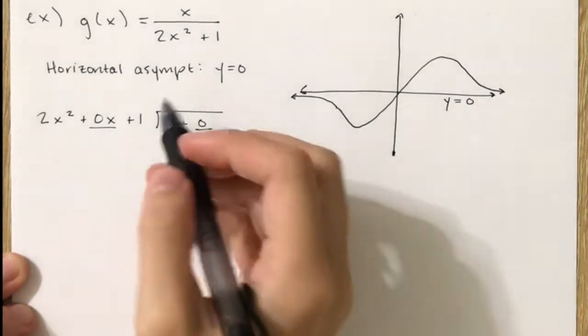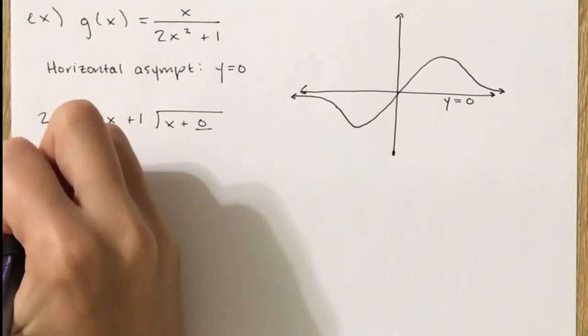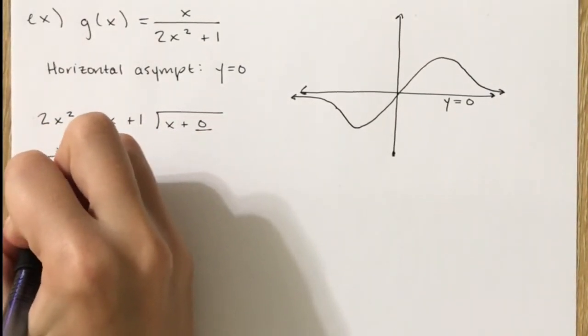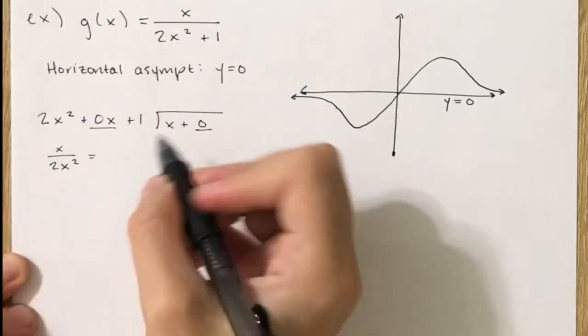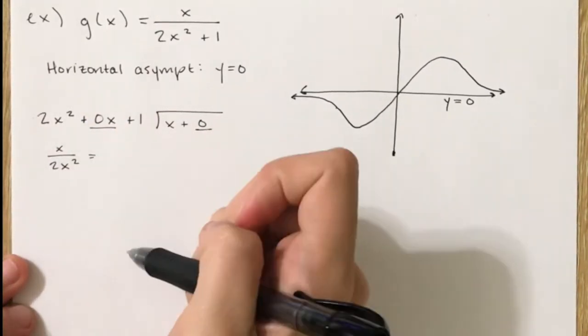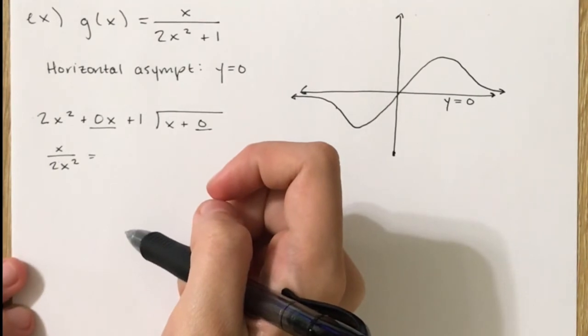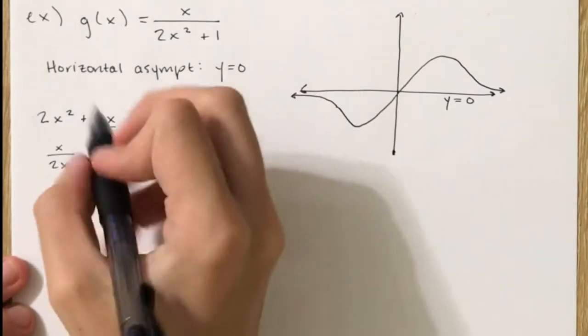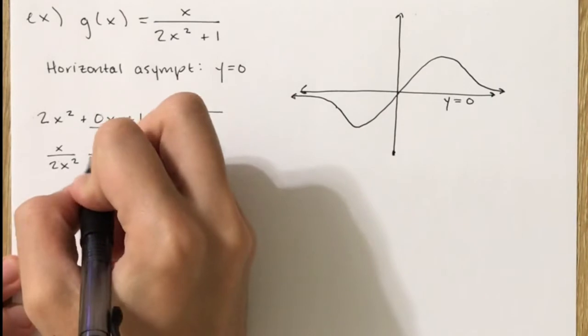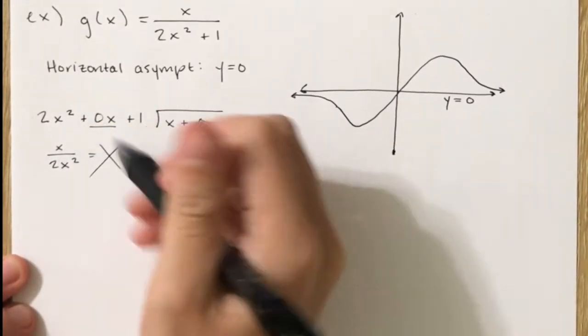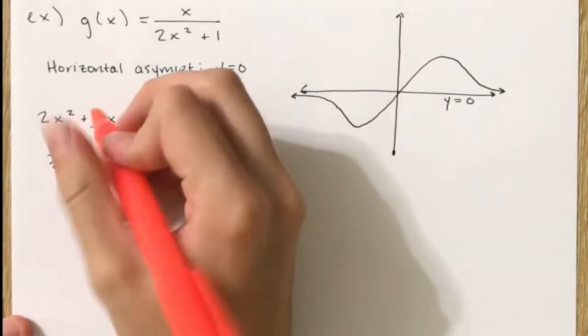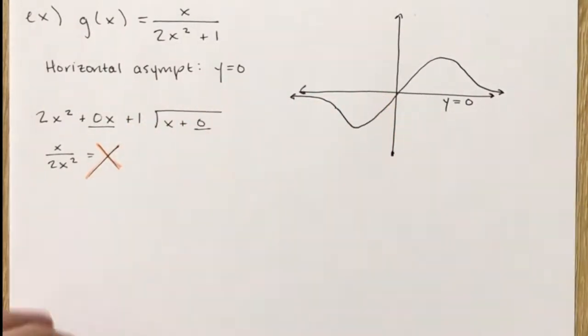Now, I divide first term by first term. Can I do this? Can I divide x by 2x squared? I can't. I'm going to draw a big X, not to be confused with the variable itself. Nice and clear that we're not talking about the variable x.